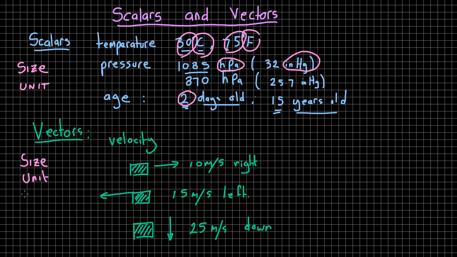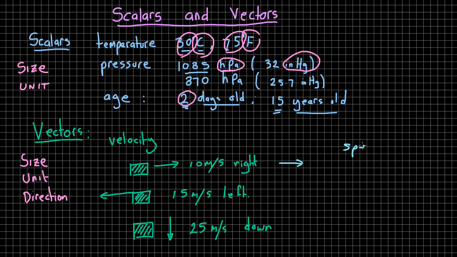But a vector, different to a scalar, also has a direction. And this is the thing that marks vectors as completely different quantities to scalars. However, all of these vector quantities that we've drawn here have a counterpart in scalars, and that counterpart is speed.